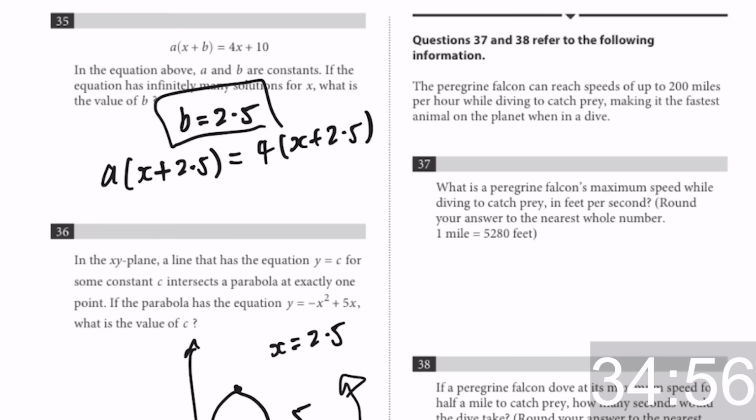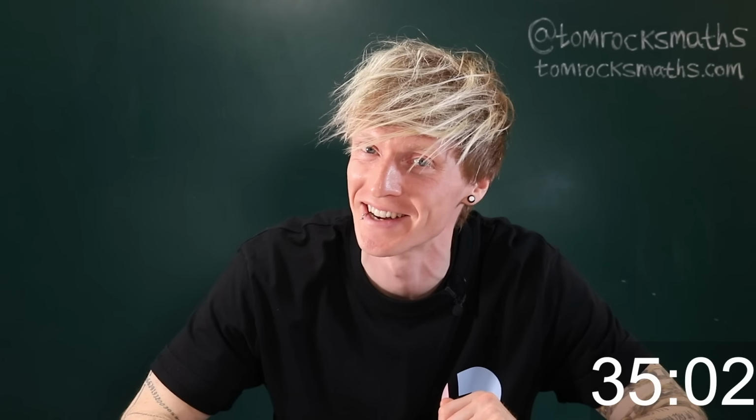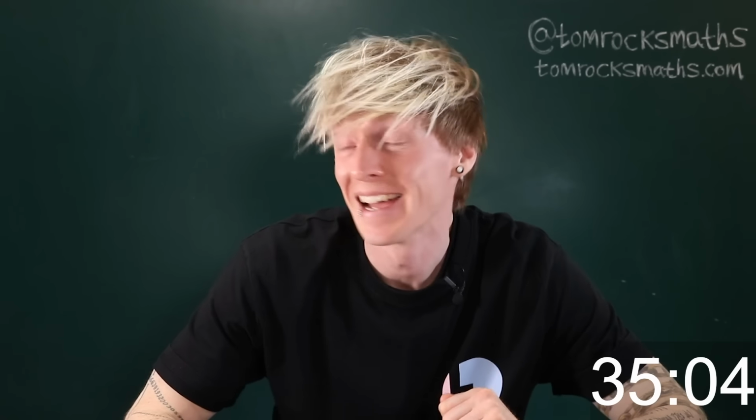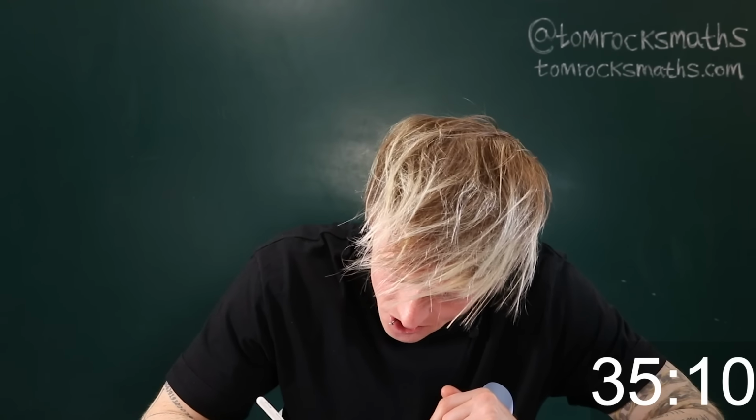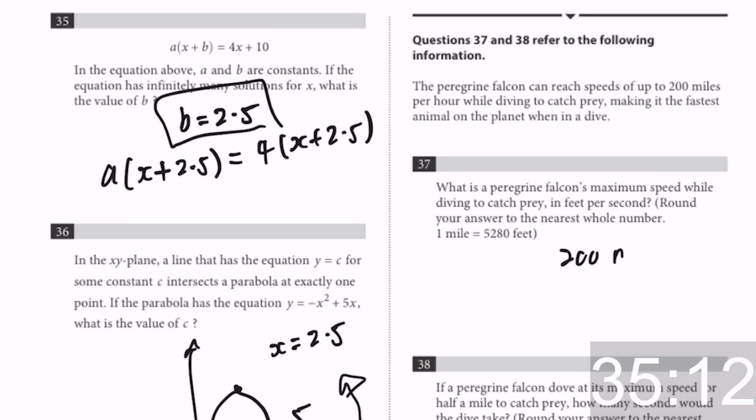Okay, what is the peregrine falcon's maximum speed while diving to catch prey in feet per second? Of course I got to write out this ridiculous set of units I've never used. Feet per second, oh amazing. Okay, so it's 200 miles per hour, and I want to know feet per second.